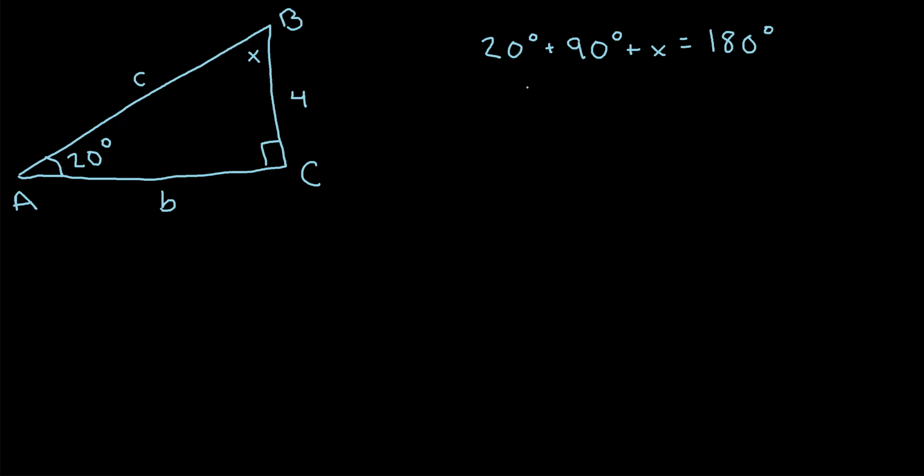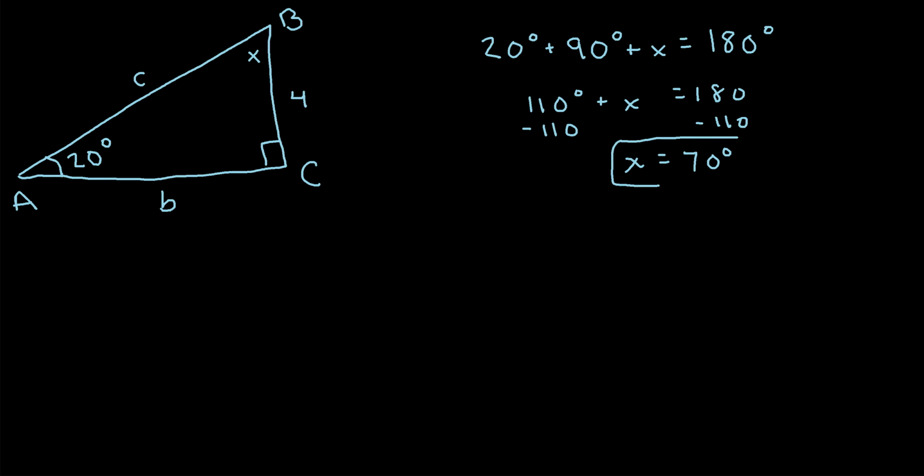So 20 plus 90, that's 110, plus x is equal to 180. We subtract 110 from each side, we can solve for x. So x is 180 minus 110, that's 70 degrees. So this missing angle is 70 degrees right here.